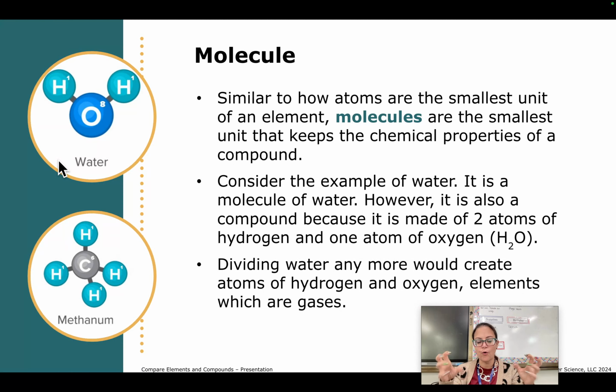You have to have the whole thing for it to still have those properties. Dividing water any more would create hydrogen and oxygen, elements which are gases. This one is methane. It has 1 carbon and 4 hydrogens. Again, you need all 5 of those combined to have a molecule of that, right? If you break it down any more, then you'll just have hydrogen and carbon.